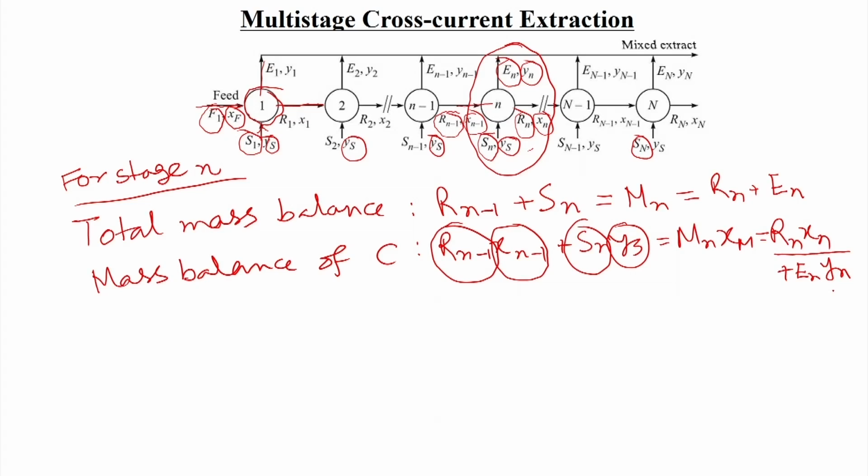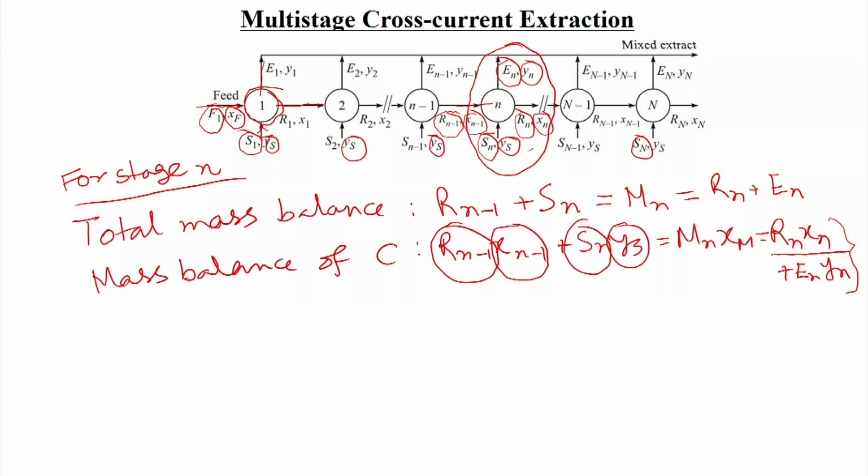We assume that this nth stage attains equilibrium, and whenever Rn and En, the raffinate and extract phases, are separated, then these are in equilibrium. So, Xn and Yn are in equilibrium. We can assume this.